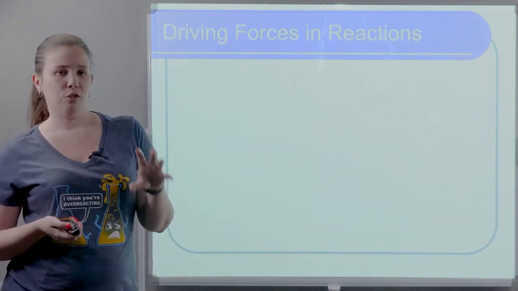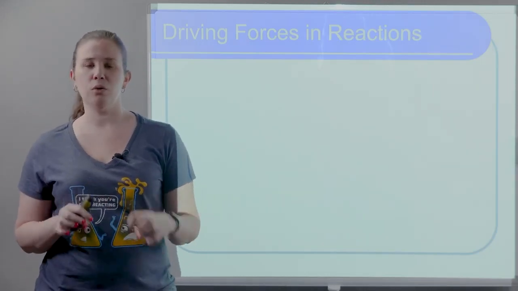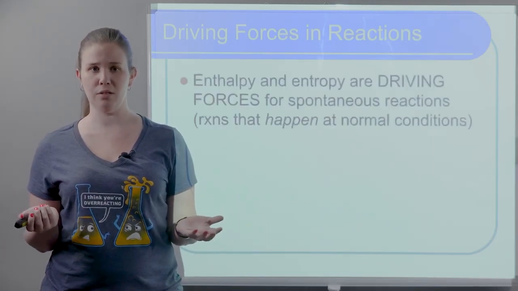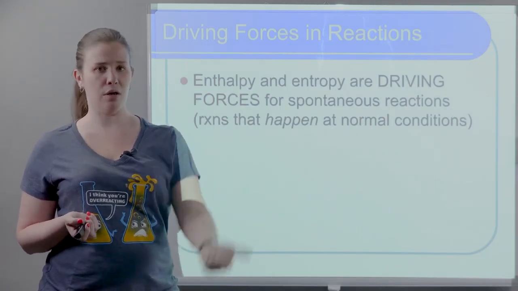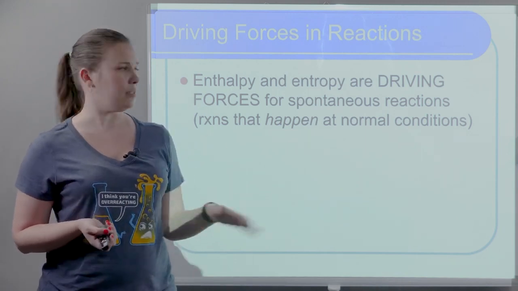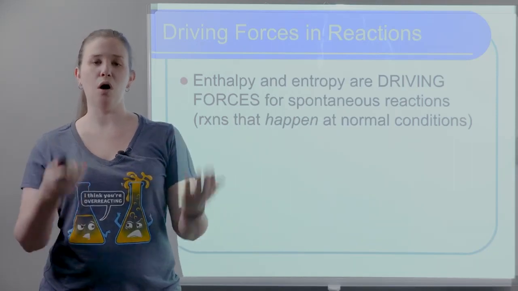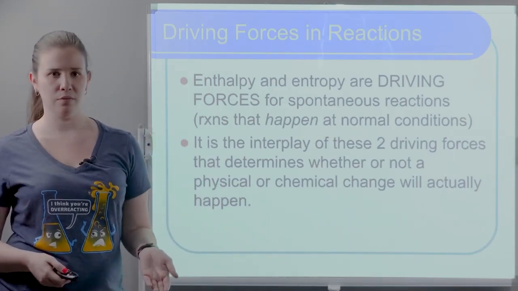The reason I wanted to go over entropy first, because we've already spent a whole lot of time on enthalpy, is that those two things together are going to determine whether the reaction is spontaneous. So it's enthalpy and entropy, delta H and delta S, that are going to dictate the spontaneity of the reaction, or whether that reaction will automatically occur on its own, at normal conditions.